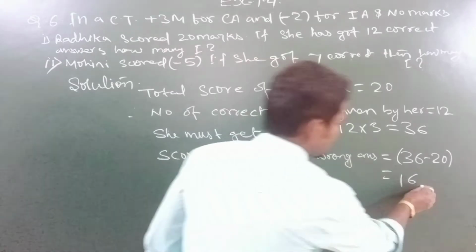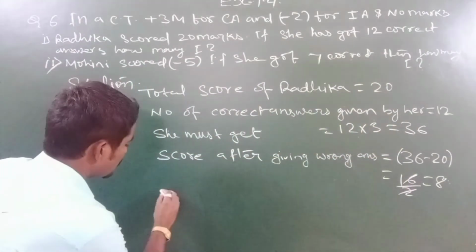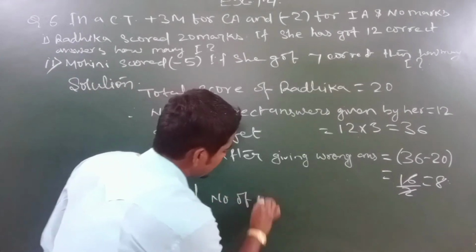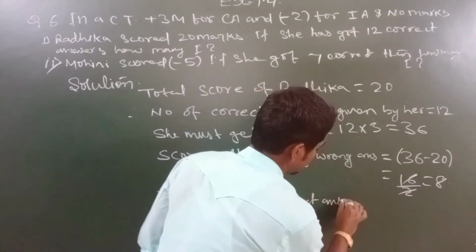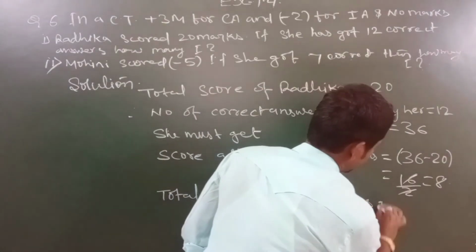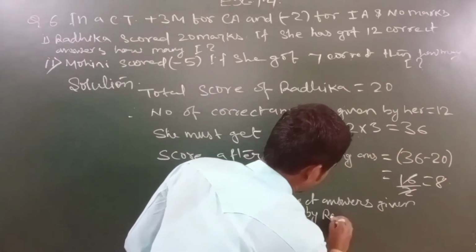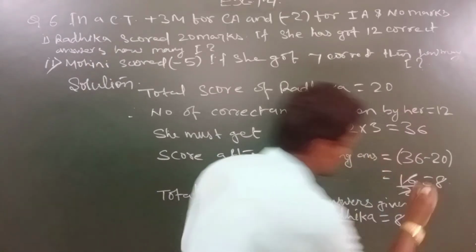Divide it by 2, so 8. This means the total number of incorrect answers given by Radhika is equal to 8.